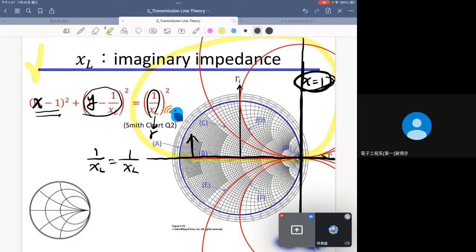So all of them will connect to this point. Every one of them, the center is always 1 over xL, if 1 over xL is positive. And for the opposite one, if xL is minus, all the circles are here.